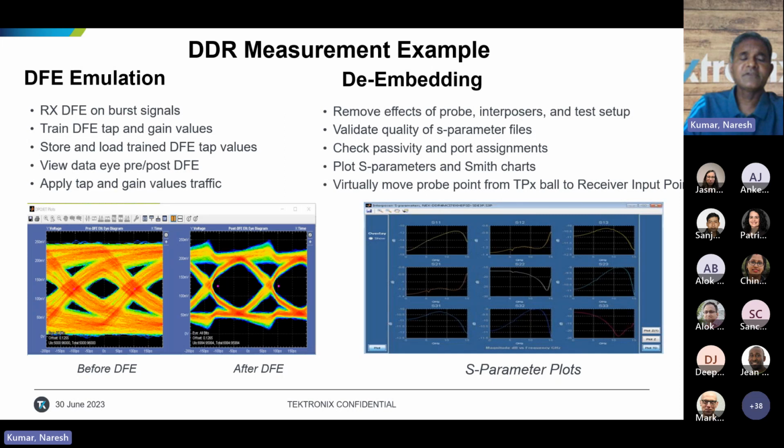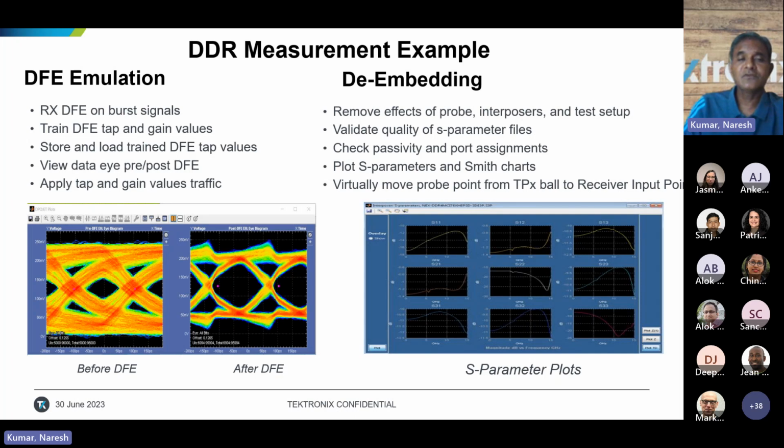This is basically the training we do on the equipment. These are the steps that we do: DFE on burst signals, train DFE tap and gain values, store and load the trained tap values, and you should be able to view the data eye before and after applying DFE, right?